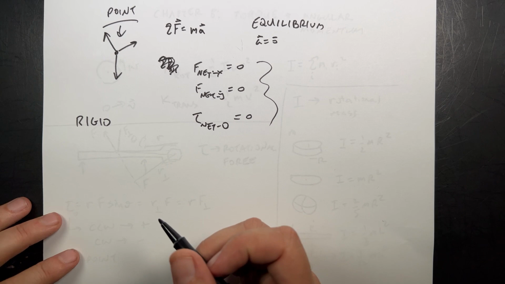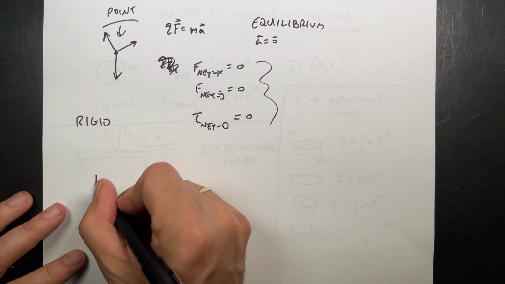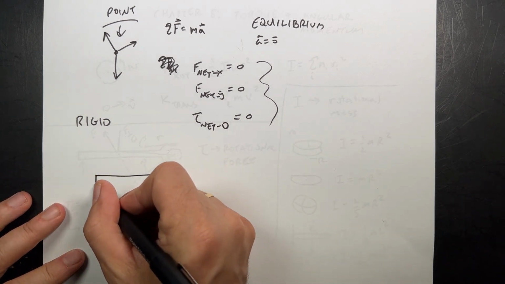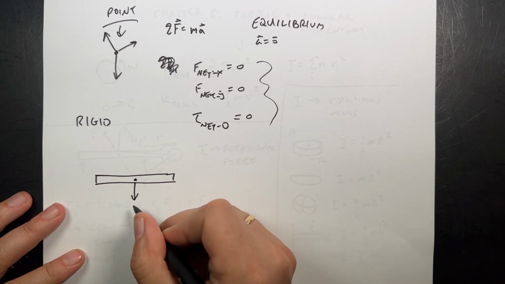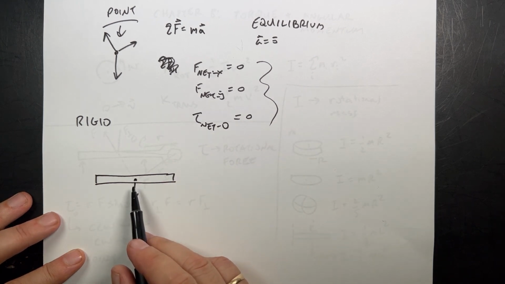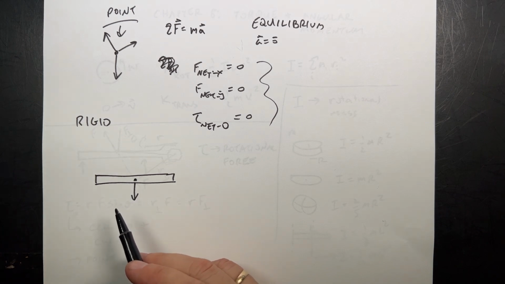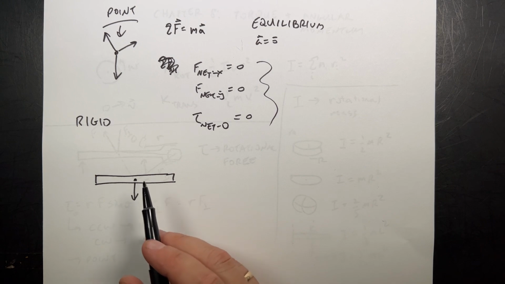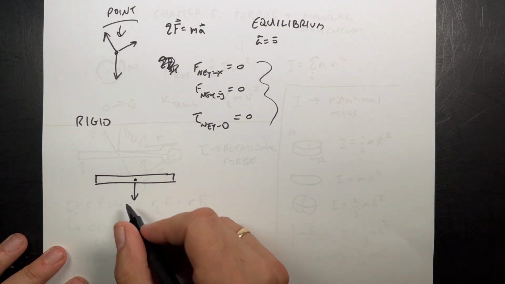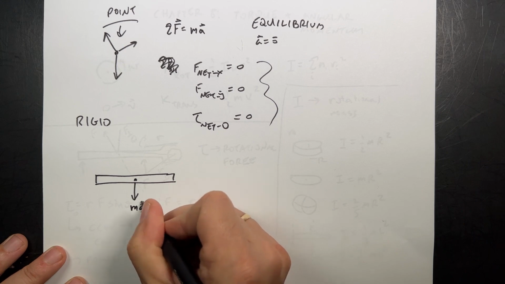So let's just draw an equilibrium situation. It doesn't really matter. I'm not going to solve a problem, but let's say I have a bar like this. The gravitational force acts at the center of mass. We talked about that in the last chapter. There's a way to derive it using torque, and I will not do it in this video, but I'll make another video. So we have some force mg.